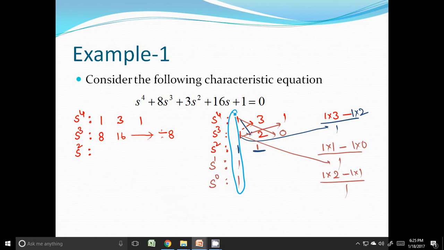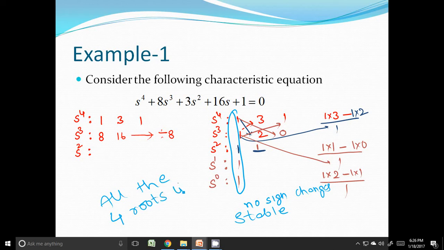There are no sign changes. If there are no sign changes, then the system is stable, and all four roots, or four closed loop poles, lie in the left half of the S plane.